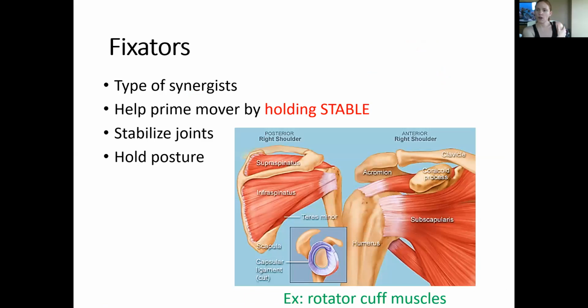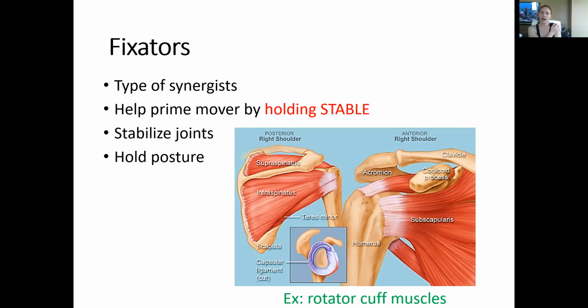Okay, and another one that we need to talk about, fixators. They're exactly what they sound like. Those are the ones that fix it, hold it stable. So this is very common, especially in that shoulder joint. For the shoulder joint, you don't actually have very many ligaments holding things in place, and that's to help increase the range of motion.